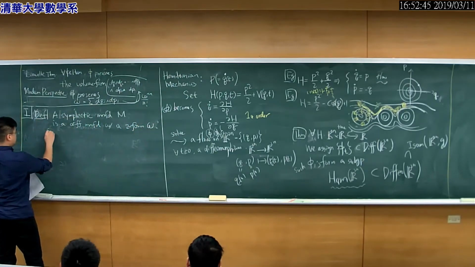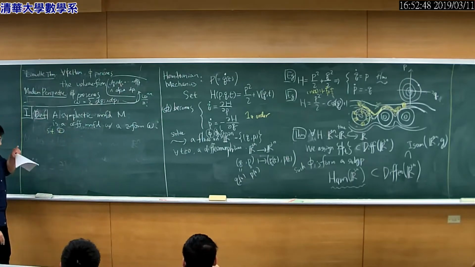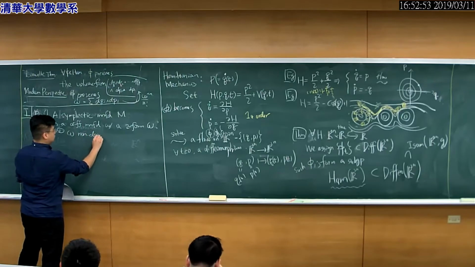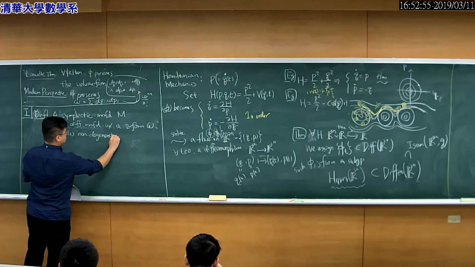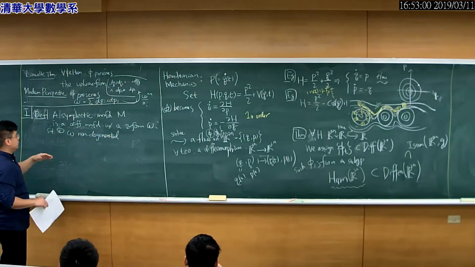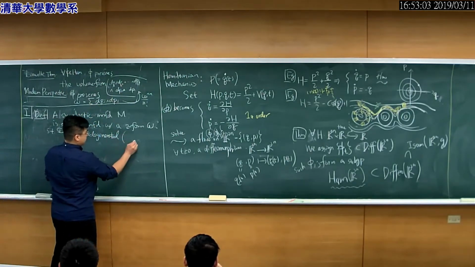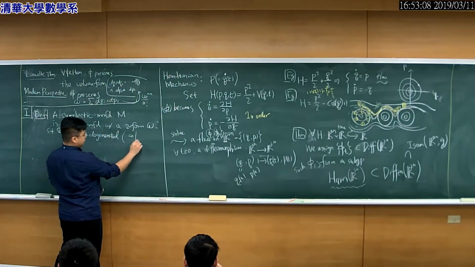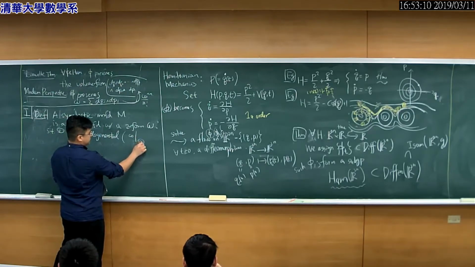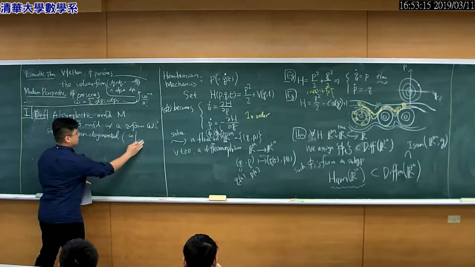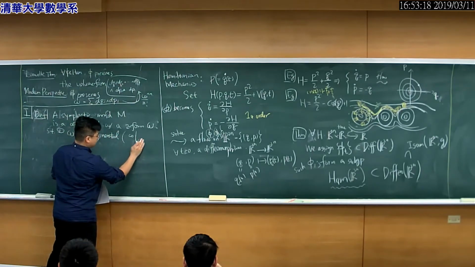You have two requirements. The first is that omega has to be non-degenerate. It means that it actually measures some non-zero area. It just means that when omega restricts to any small piece of surface, it doesn't vanish.